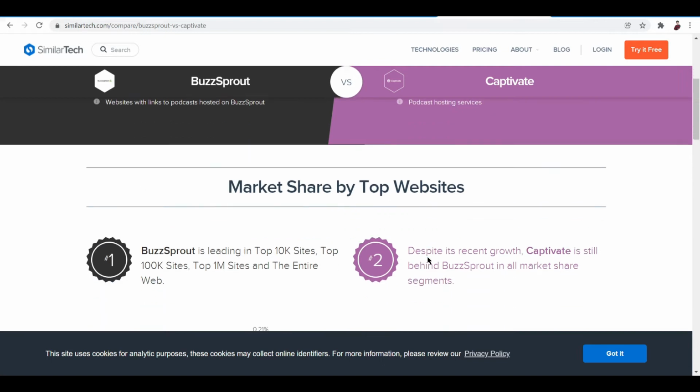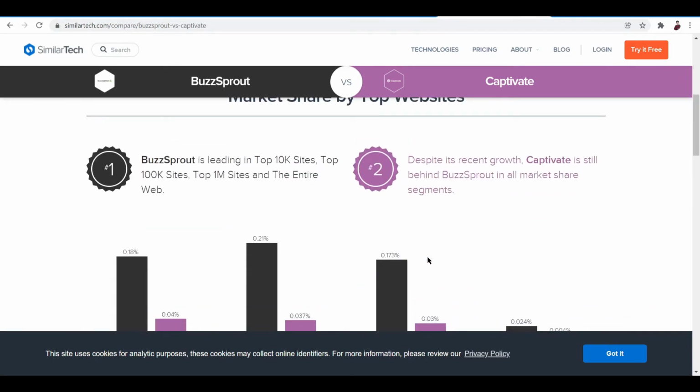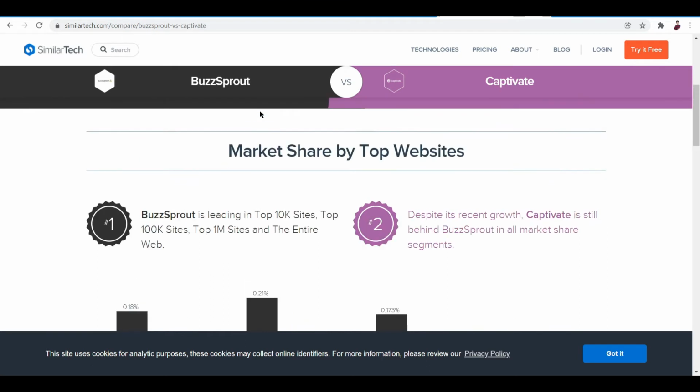But why is it that I think Buzzsprout, or I mean Captivate, is lagging behind? You can see here number one when it comes to market share, still Buzzsprout. It is leading in top 10K sites, top 100K sites, and top 1M sites in the entire world. So this still goes to Buzzsprout versus Captivate.